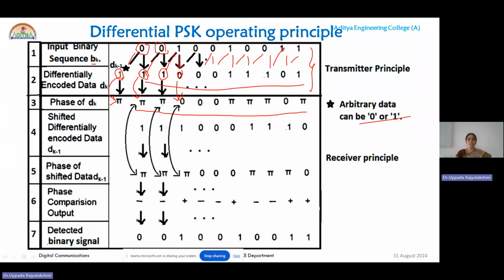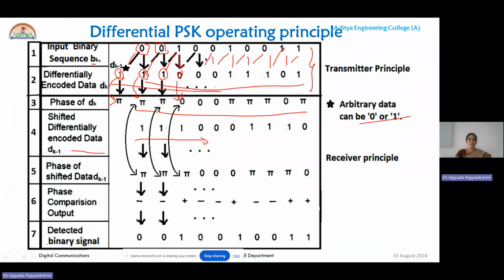Like that, we will write the phase of dk. And similarly, we will write the 1-bit right-shifted differential encoded data. Here in this example, you can see that the encoded data is 1, 1, 0, 0, 0, 1, 1, 1, 0, 1.